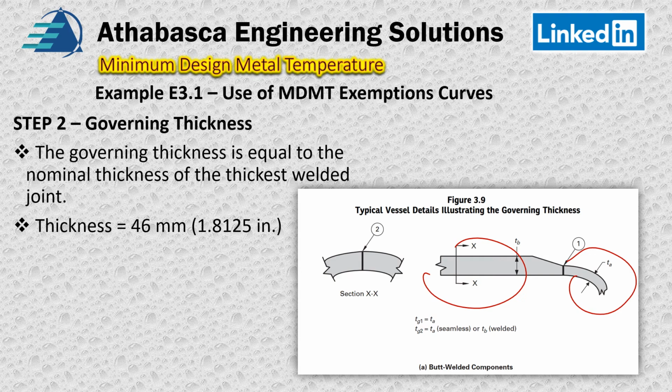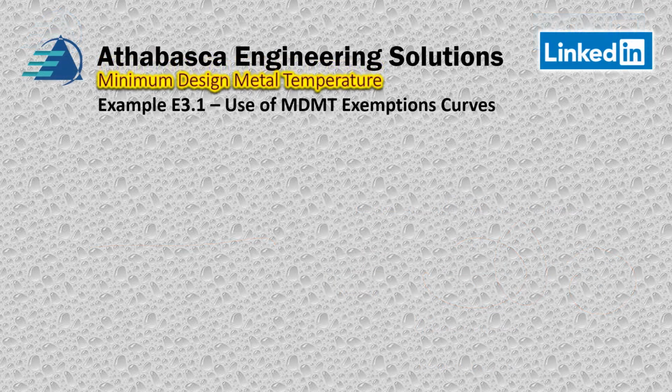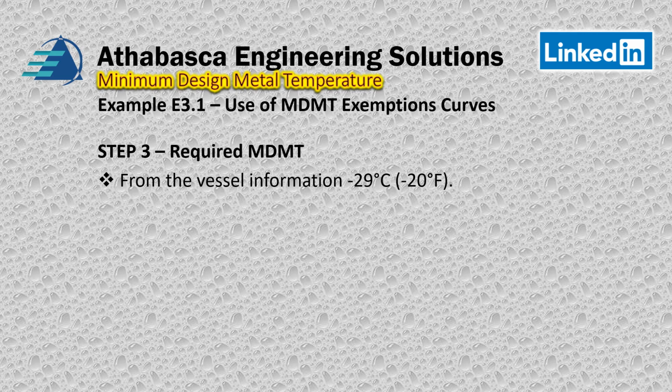So in this case, it would be TB, which is 46 millimeters. Moving on to step 3, the required MDMT, that is minus 29 centigrade or minus 20 Fahrenheit. That information is provided by the client, and we organized it in that nice spreadsheet at the beginning of the chapter.